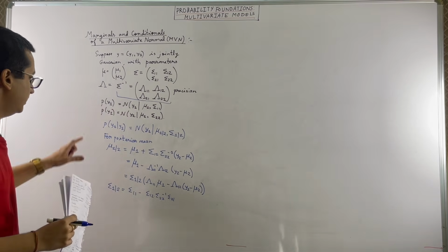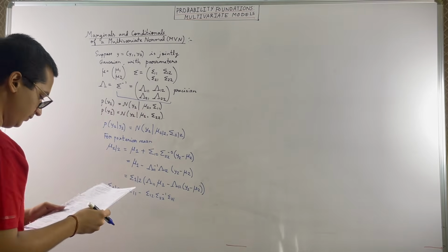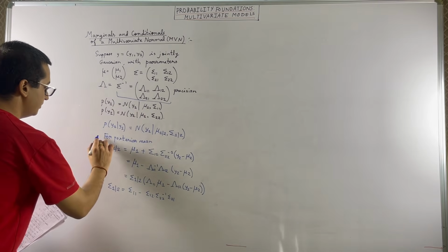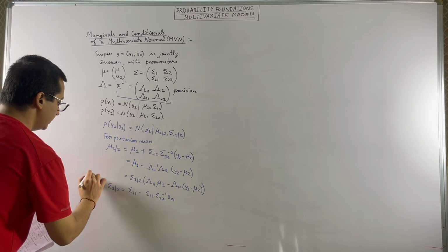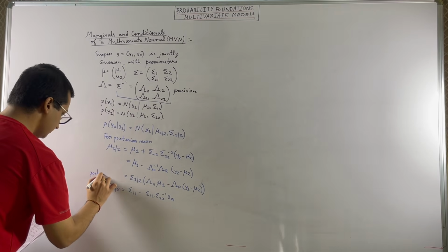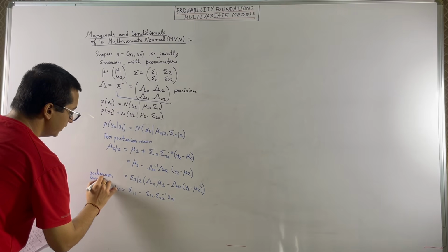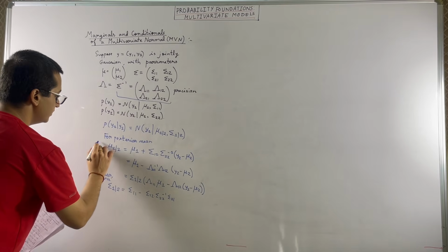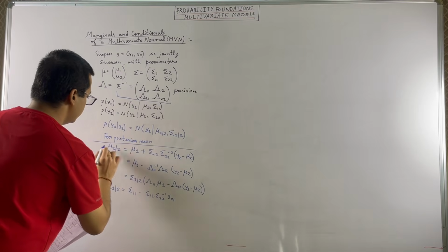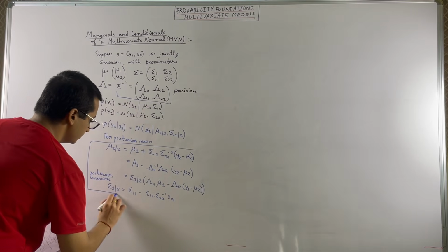We'll derive this part. Basically this is the posterior covariance. These are the expressions, very important expressions.